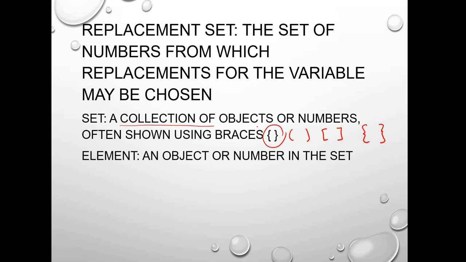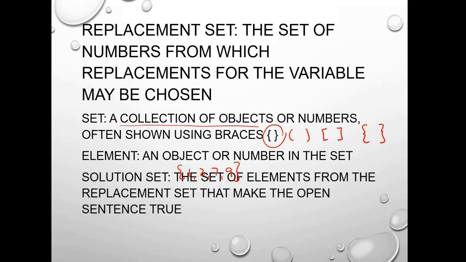So the set is a collection of numbers, for example 1, 2, 7, and 9. And an element is any one of these objects in the set. The solution set is the set of elements from the replacement set that make the open sentence true.